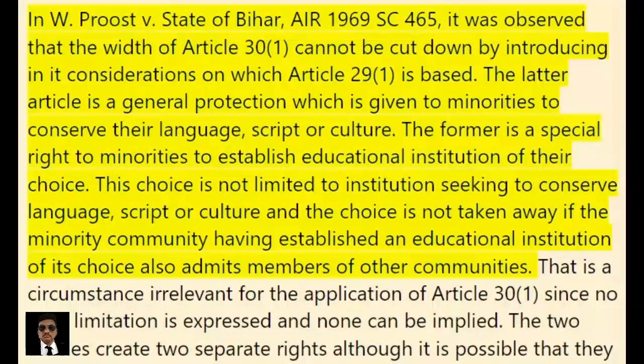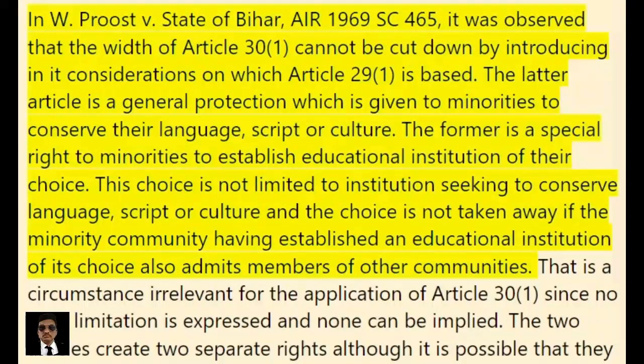In W. Proust v. State of Bihar, AIR 1969 SC 465, it was observed that the width of Article 30(1) cannot be cut down by introducing in it considerations on which Article 29(1) is based. The latter article is a general protection which is given to minorities to conserve their language, script or culture.